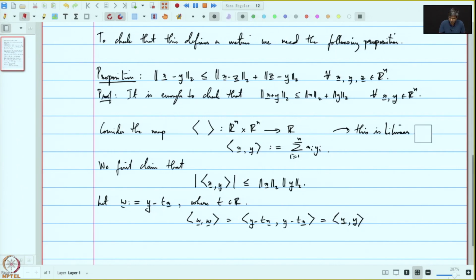What that means is, if we fix x, then the inner product of x with lambda y1 plus y2 splits linearly, so it is linear in y.